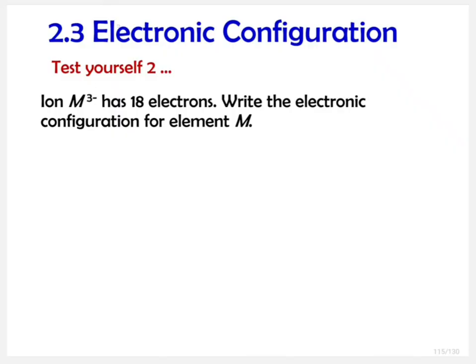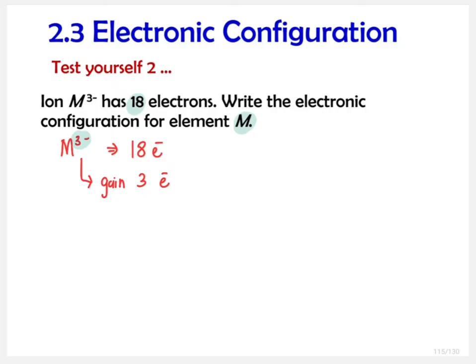Ion M3- has 18 electrons. And then the questions asks for electronic configuration for element M. Okay, so from the questions, kita dapat satu information di mana M3- ion contains 18 electrons. Okay, remember 3- indicates that gain 3 electrons.